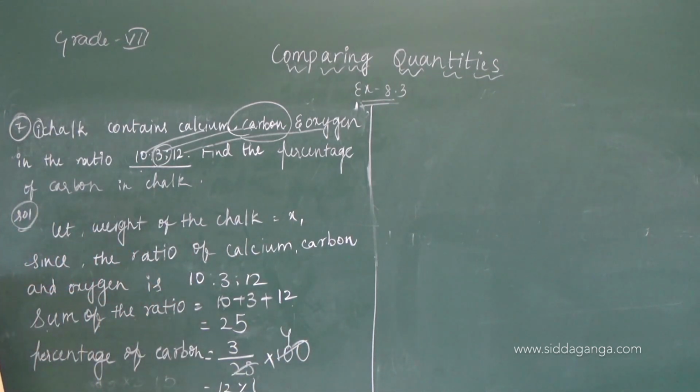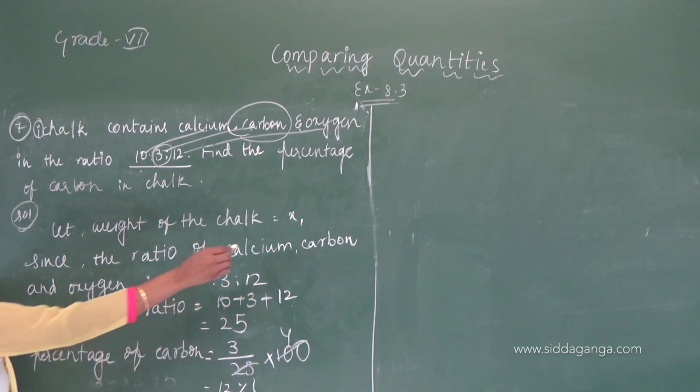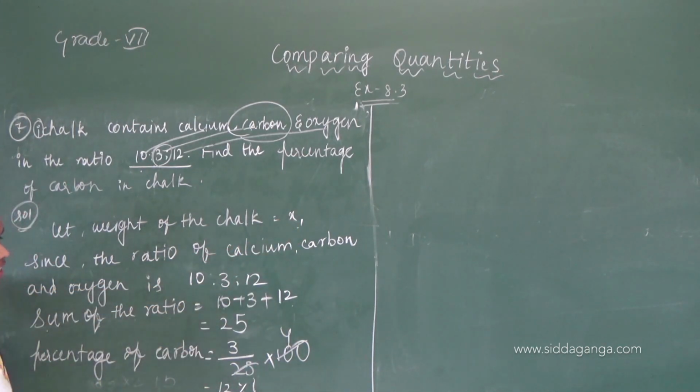Therefore, the percentage of carbon in the chalk weighing X is 12%. 12% of carbon is there.